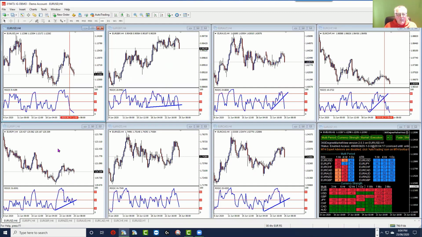So we can see what the euro is up to at the moment, and you can see there's quite a bit of movement. It has weakened quite a lot. There's a long candle down, long movement down, long candle down, long candle down, long one down, and the euro yen is the only one that's not showing massive movements there.